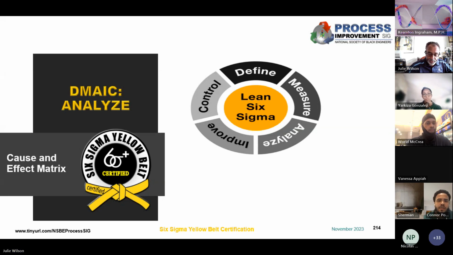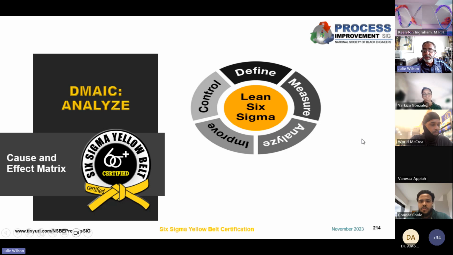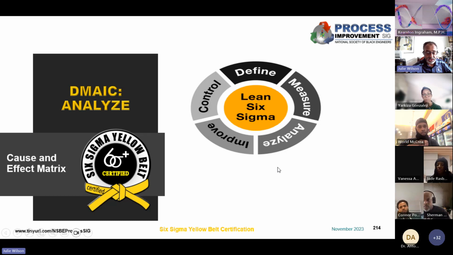Let's remind ourselves that the key objective in the analyze phase is for us to first identify the potential X's that are impacting our process and subsequently our process output, the Y. And then we want to work on prioritizing those X's and getting down to the vital few X's.